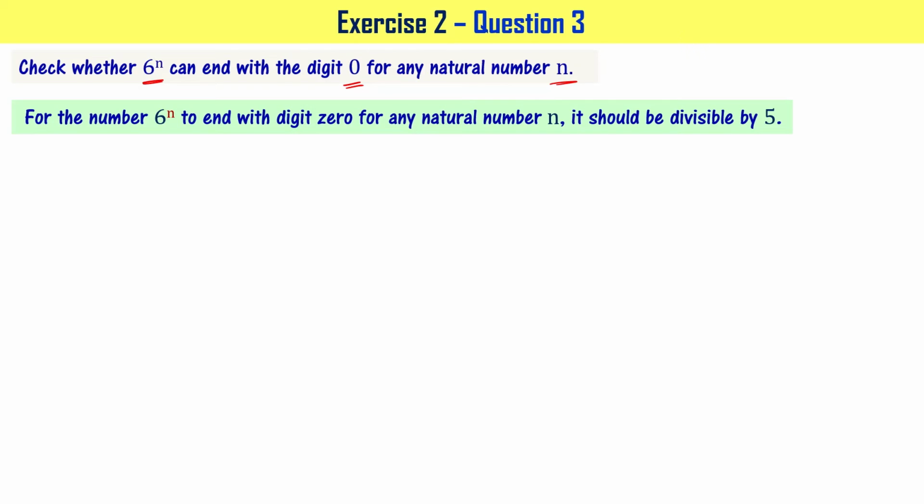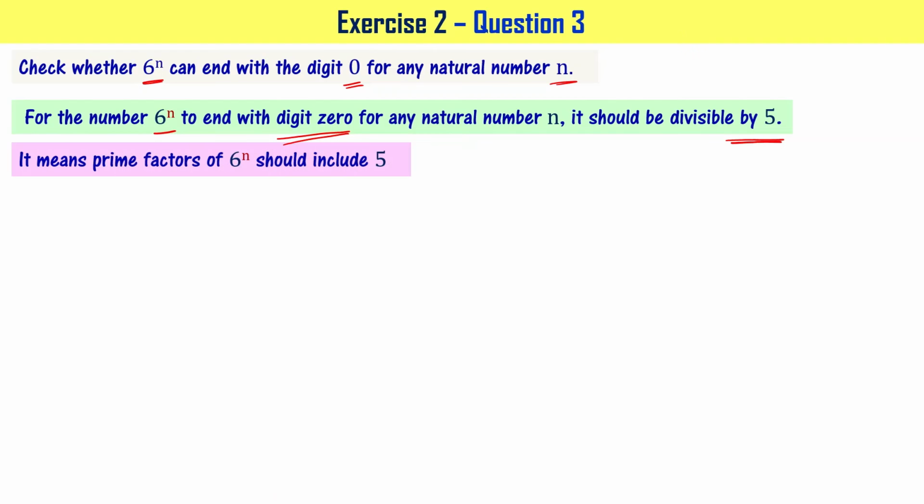For the number 6 power n to end with digit 0, it should be divisible by 5. 6 power n should be divisible by 5, then only we can say that it will end with digit 0. Got it? It means 5 should be one of the prime factors of 6 power n.